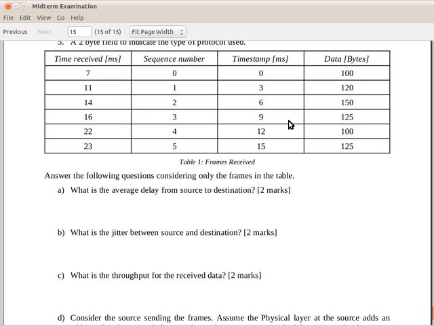The first one we receive is at 7, the last one at 23. Therefore, over that period of 16 milliseconds, we receive 720 bytes. 720 bytes divided by 16 milliseconds gives us the rate at which we've received data, the throughput.